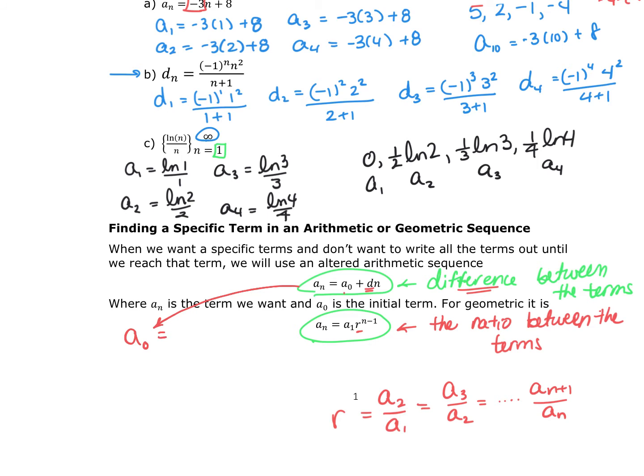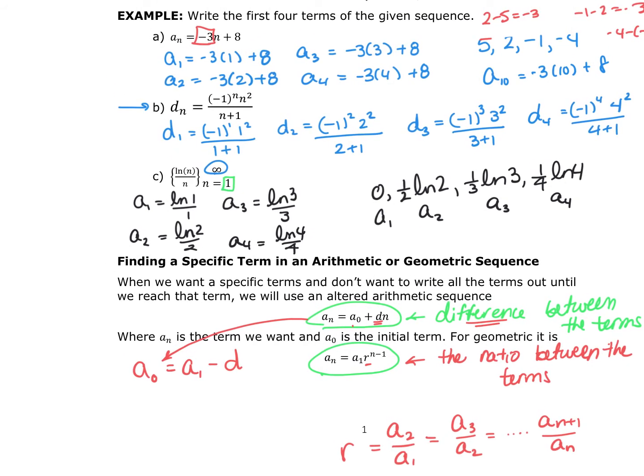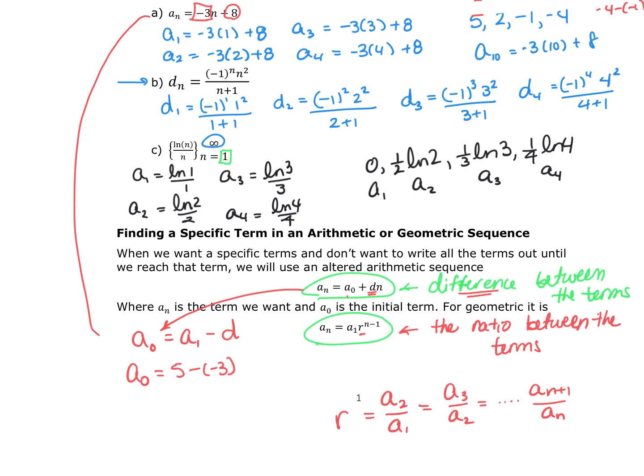A sub naught is going to be a sub 1 minus my difference. So my a sub 1 was 5. So my a sub naught on this example would have been 5 minus a -3, which is where this 8 comes from.